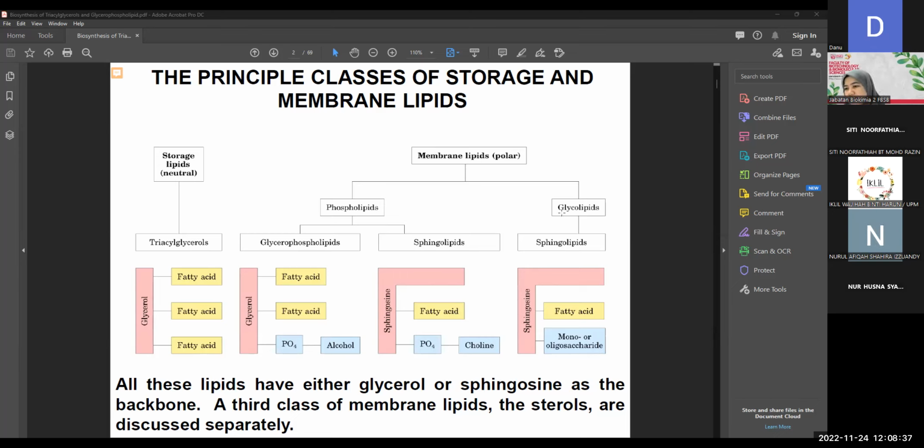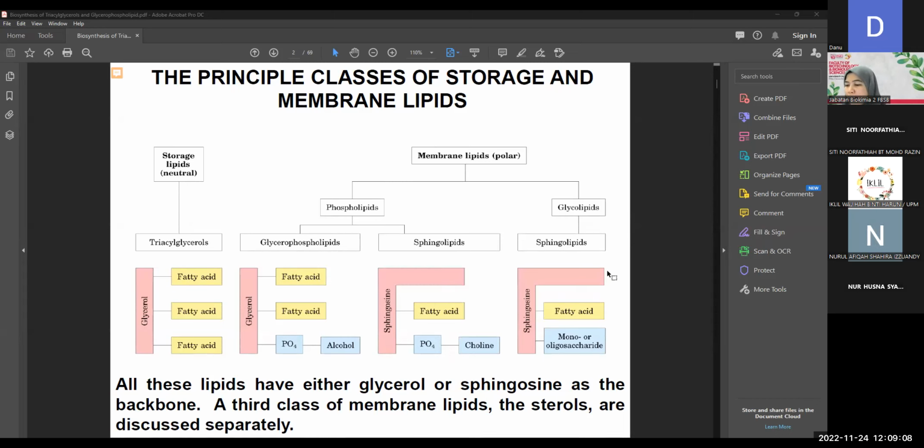Sphingolipid that falls under glycolipids still has sphingosine as a backbone, and it has 1 molecule of fatty acid. But by looking at the name glycolipid, it tells us that it has either a mono- or oligosaccharide attached to carbon 3 of the sphingosine backbone of glycolipid.